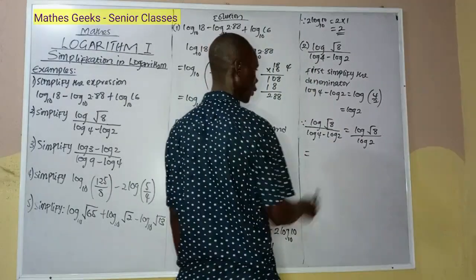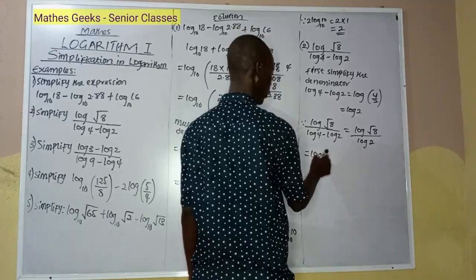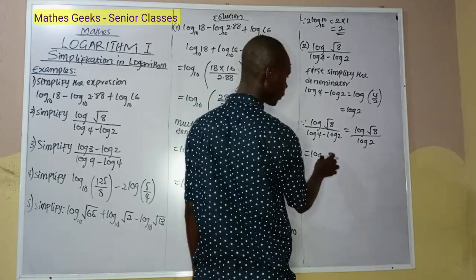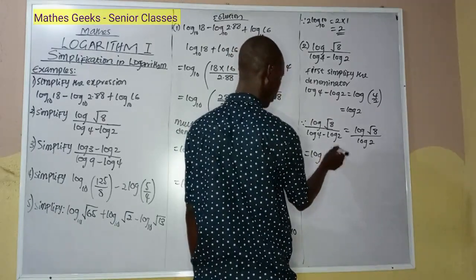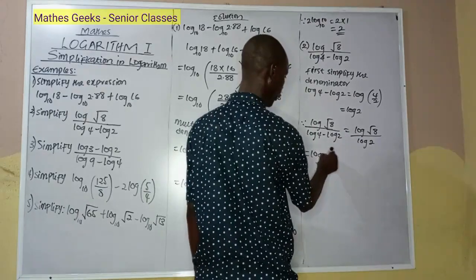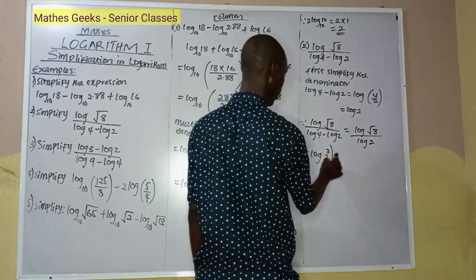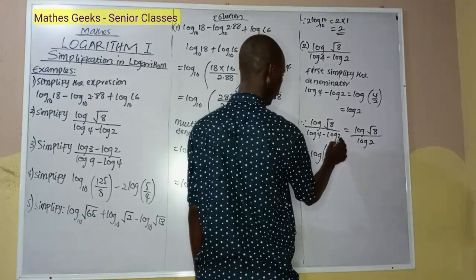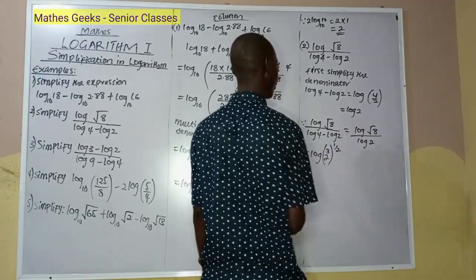Since it's division, this gives us log root 8 over log 2. Root 8 will be 2 raised to the power 3, raised to 1 over 2 because of this root.